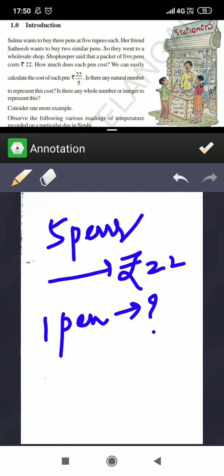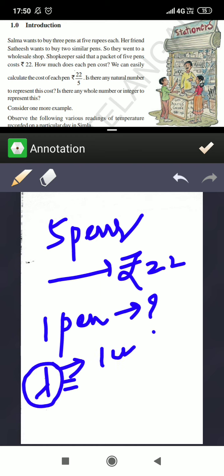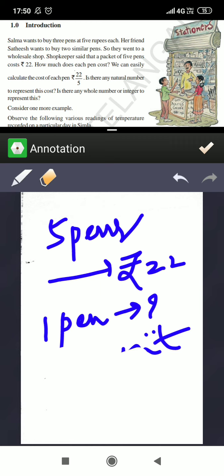Let it be lambda. In similar terms, we may use lambda as the representation of one unit quantity. Or if you find difficulty, we can take it as x rupees. X rupees is the cost of 1 pen.